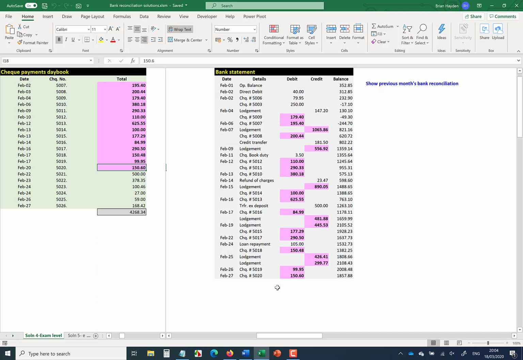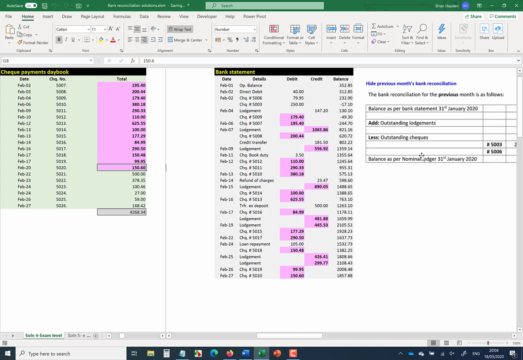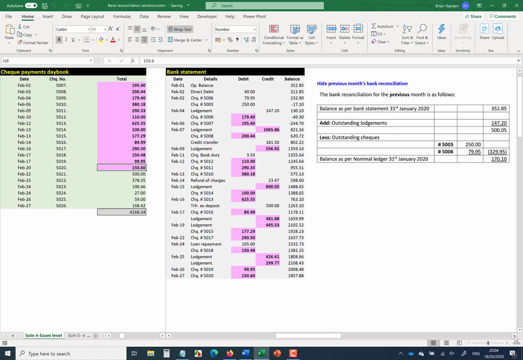The next part of the exercise is to check against the data that was in the previous month's bank reconciliation. I've actually copied the previous month's bank reconciliation here, so I'll just reveal that now. This was last month's reconciliation. This is the last piece of the information given in the question.